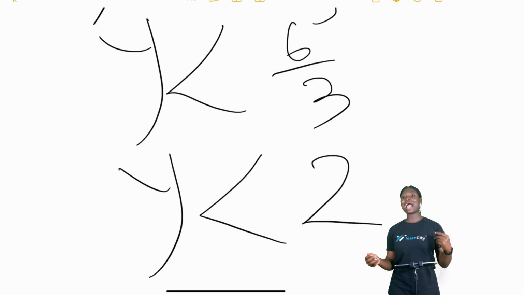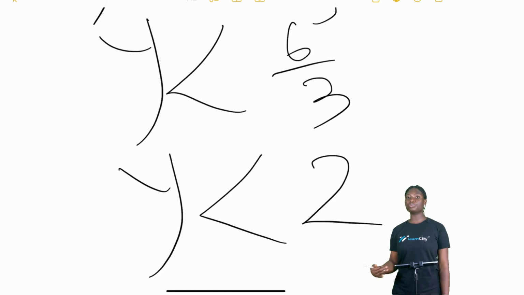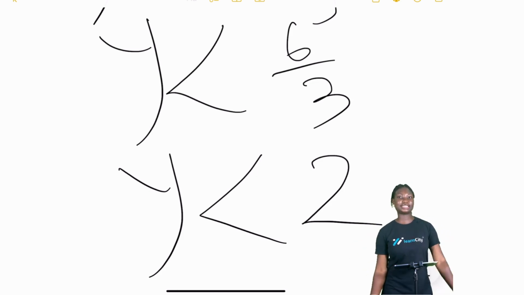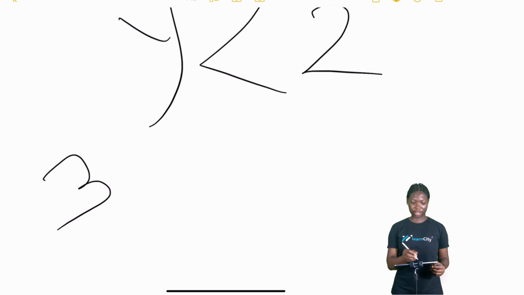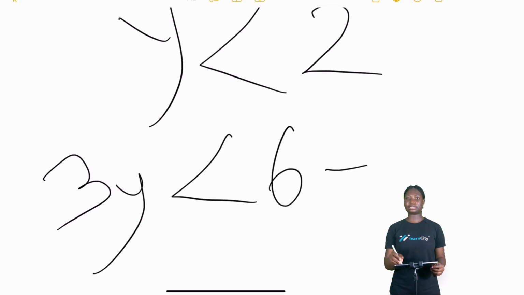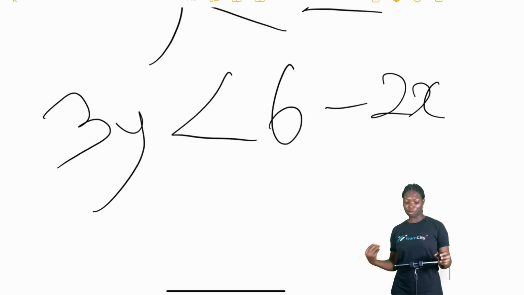Here y is 1 over 3 bracket 6 minus 2x, where x is 0, our y is 2.